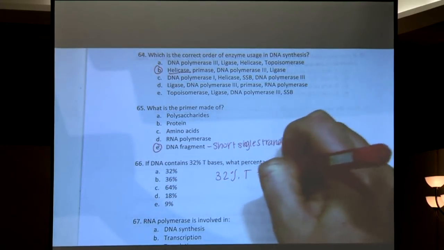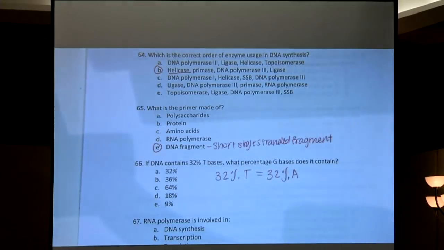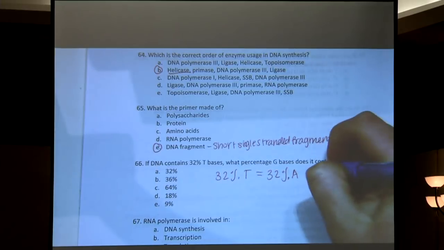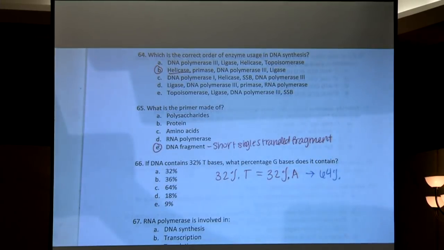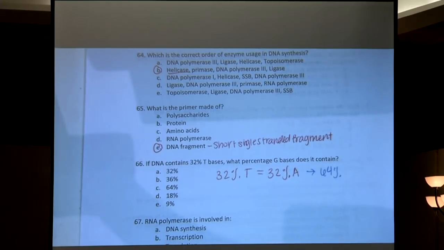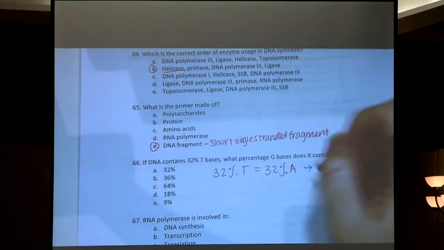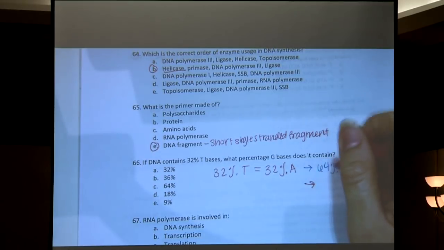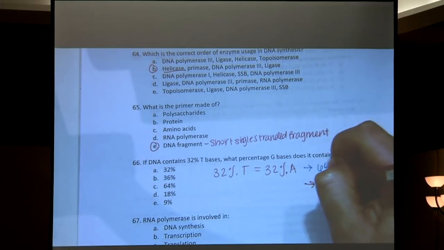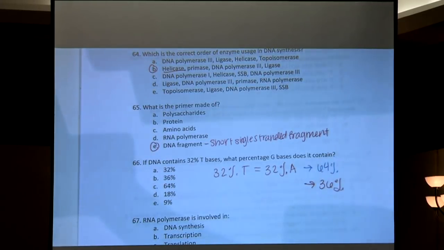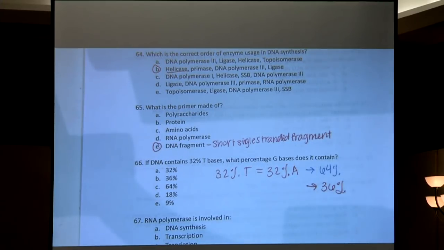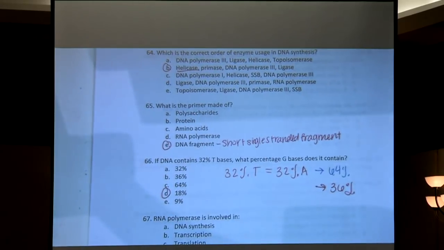Good, there should be an equal percentage for A. These two together give us 64%, which leaves how much left? That means we have 36% left for our C and our G. If we say that they're equal, or divide by 2, our G and C should both have 18%.